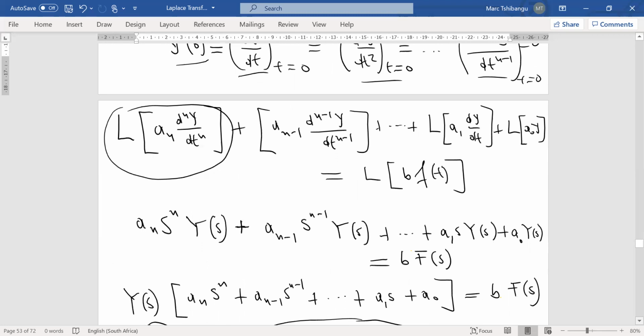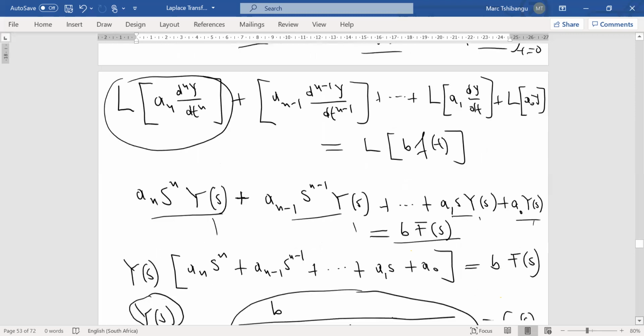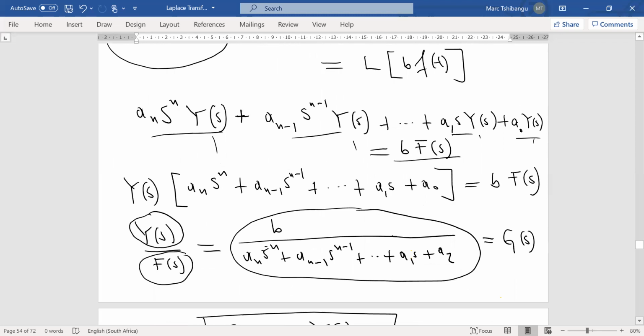Considering the condensed tables of Laplace transforms, we obtain each term of the new expression, where Y(s) is common to all the terms on the left-hand side, so we can take it out and express the whole expression in terms of Y(s). So Y(s) over F(s) gives us b over this equation.